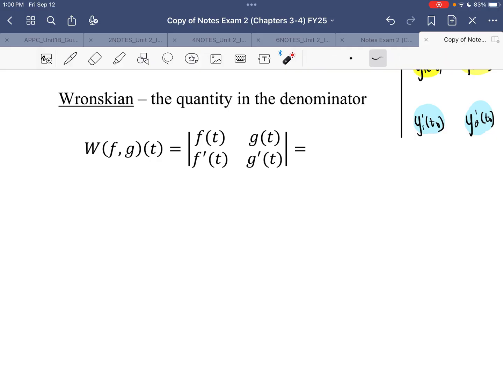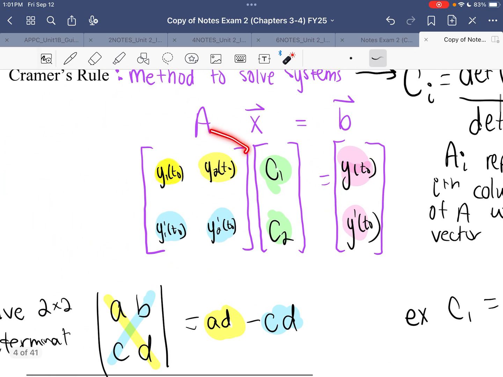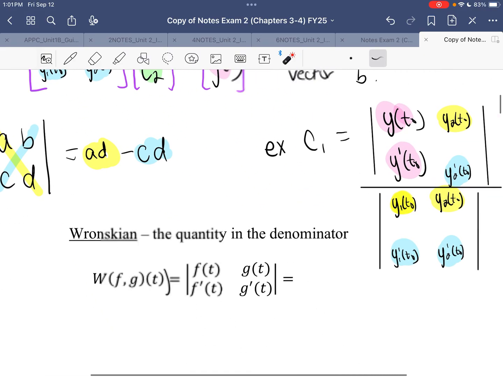The Wronskian says, if we have some functions f and g at t, then we can put f in row 1, column 1, g in row 1, column 2, and then their derivatives respectively go down, which is what we have going on here. We have our first solution, our second solution, and then their derivatives respectively underneath them.